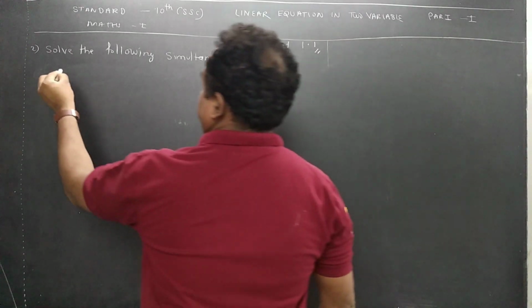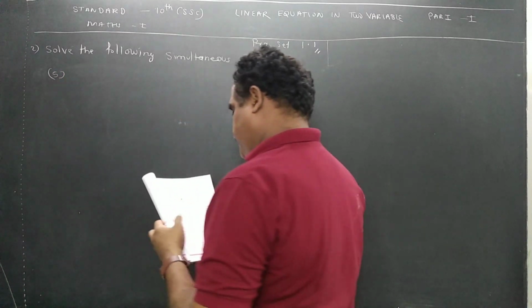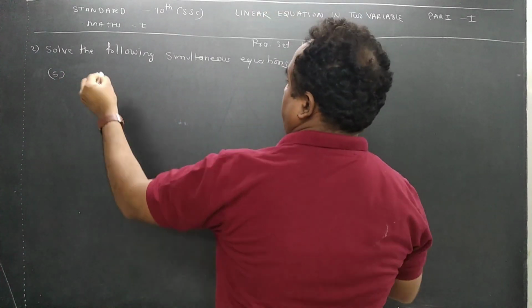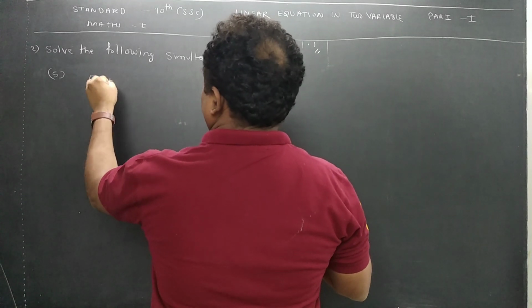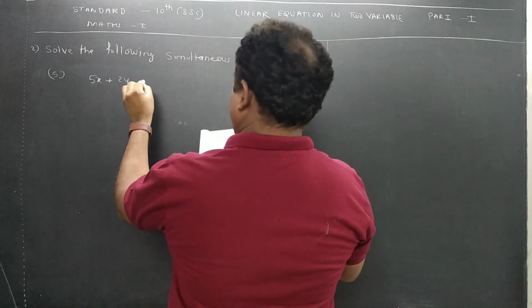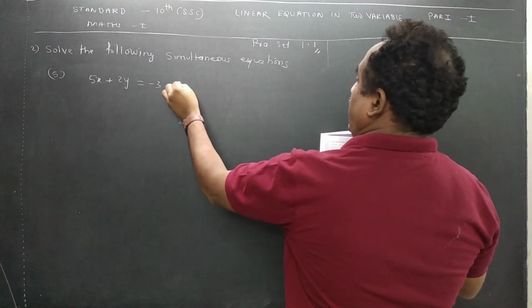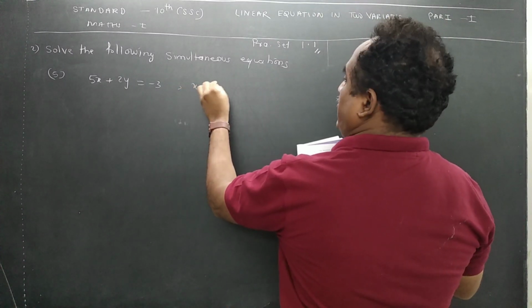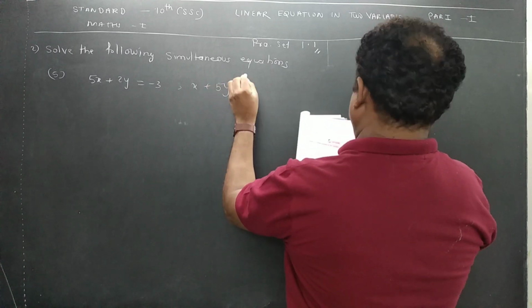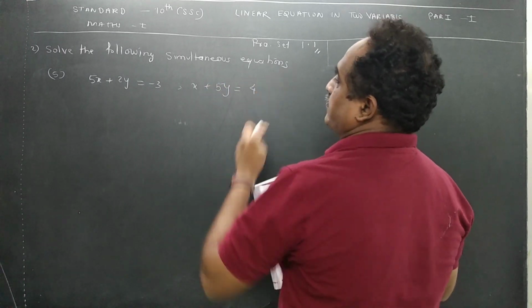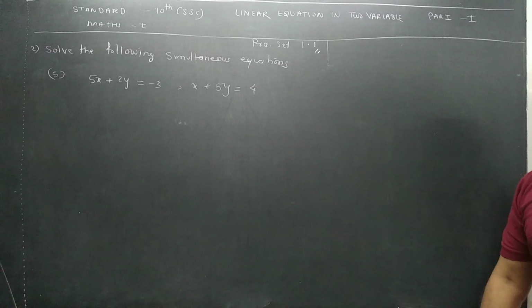Now, question number 5. They have given 5x plus 2y is equal to minus 3 and x plus 5y is equal to 4. This is the question they have given to you.